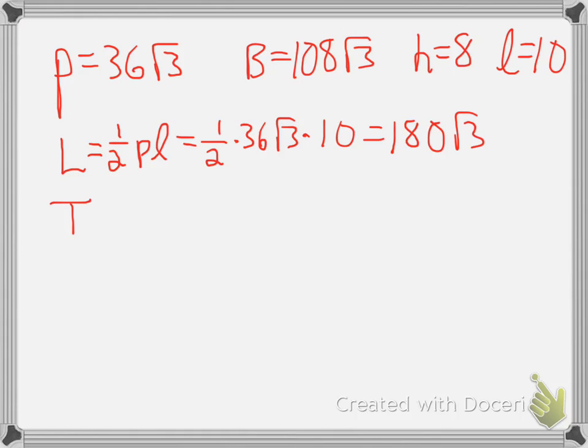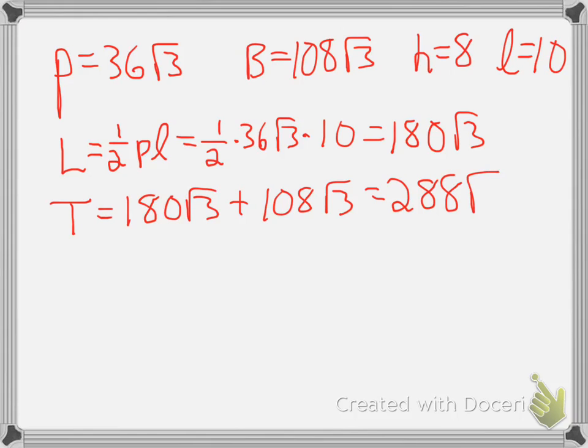Our total surface area is the lateral, 180 root 3, plus the area of a base, which is 108 root 3. So we are getting, in this case, 288 times the square root of 3. And our volume is 1/3 the area of the base. That would be 1/3 times 108 square root 3 times the height.